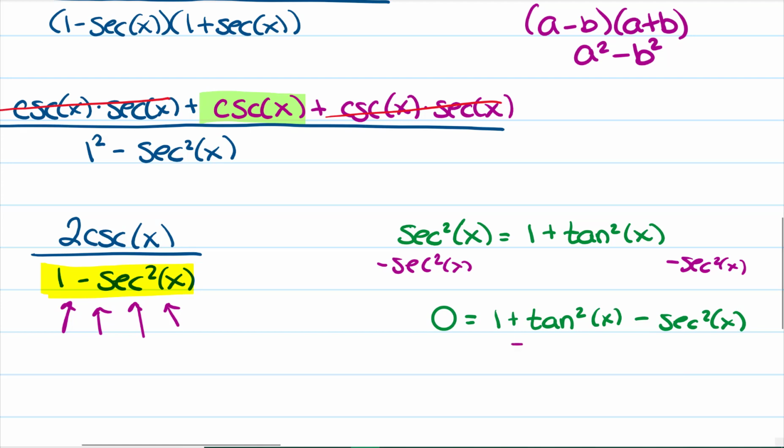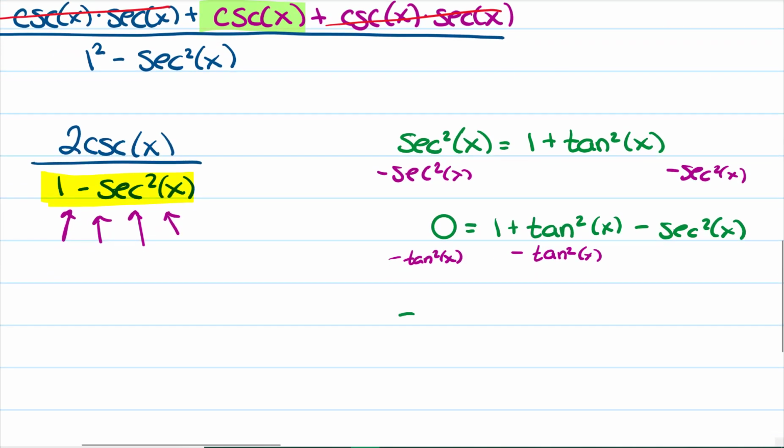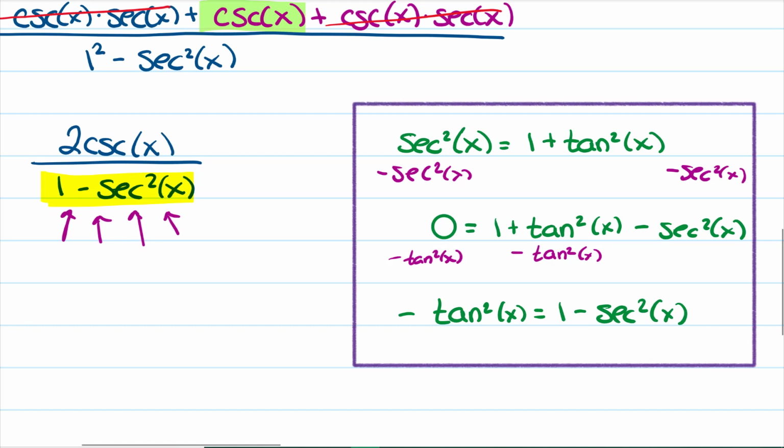And then I'm going to subtract tangent squared of x from both sides. And I'm going to get negative tangent squared is equal to 1 minus secant squared. Now there's other ways to do this. You can manipulate them differently as long as you end up getting 1 minus secant squared.